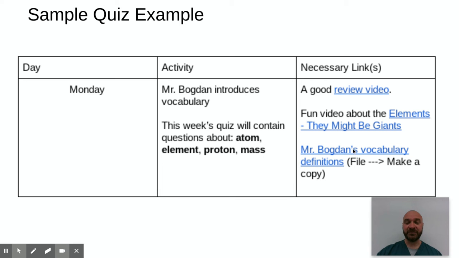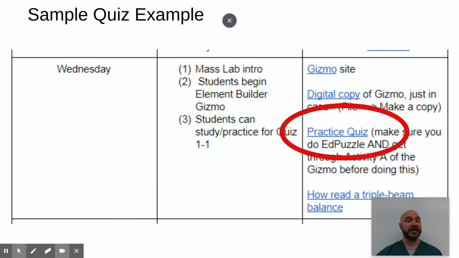So when they open up this vocabulary list, they need to find the words that are listed here in bold and just make sure that they are familiar with those. On the Wednesday of a weekly guide, you can see right there circled is practice quiz. This is the link that they need to click to access the practice quiz.